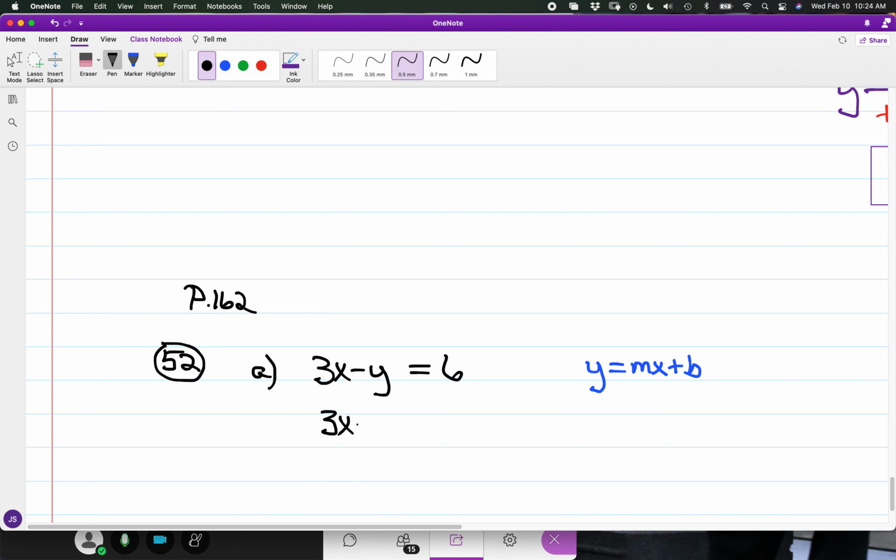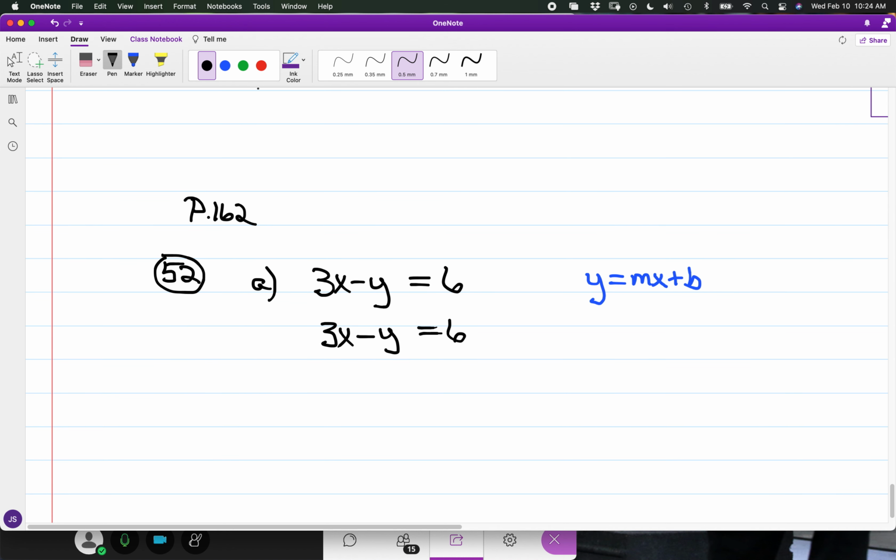First of all, I want to get the y term by itself. Right now we have the term at negative y. So if I move the 3x over, I'm going to subtract on both sides here. So I'm going to have that negative y is equal to negative 3x plus 6.